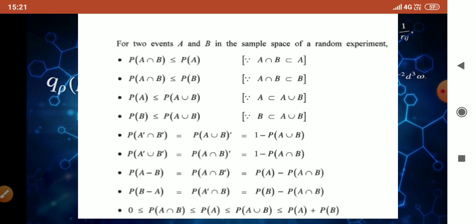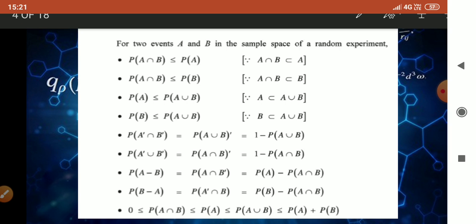Okay, this is the arrangement of probability in ascending order that you have to learn, because this may come as a one-liner. You can see in your back exercise it is asked for 1 mark.